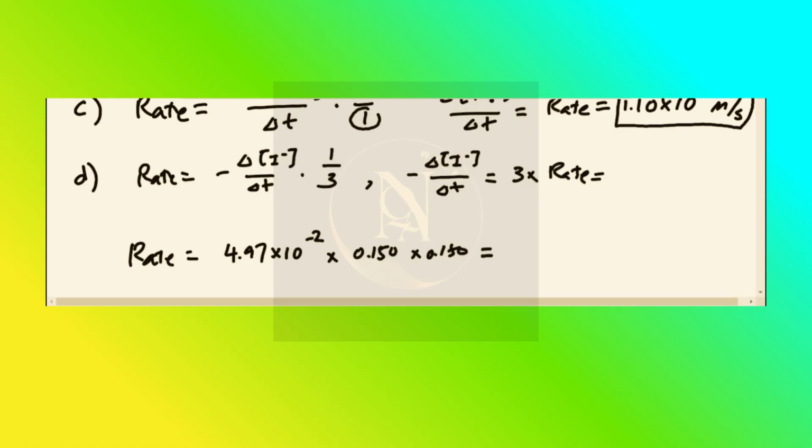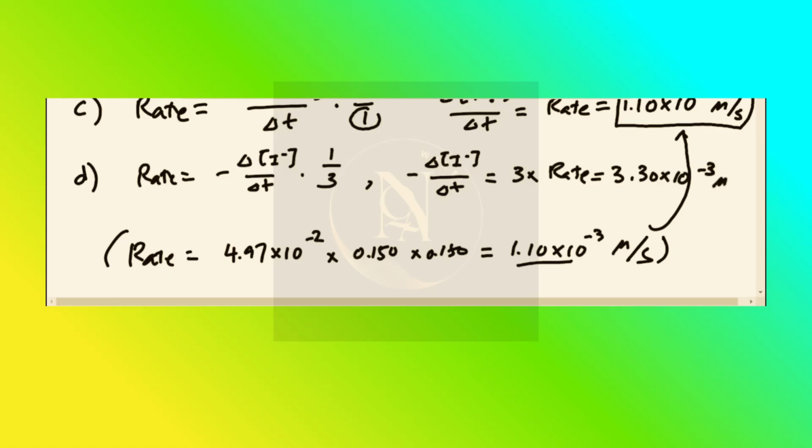If you plug in, it will be 1.10 times 10 to the power of -3 M/s. So that's why I get these numbers. It should be very easy to determine. Then plugging in this concentration, this number here will be 3.30 times 10 to the power of -3.